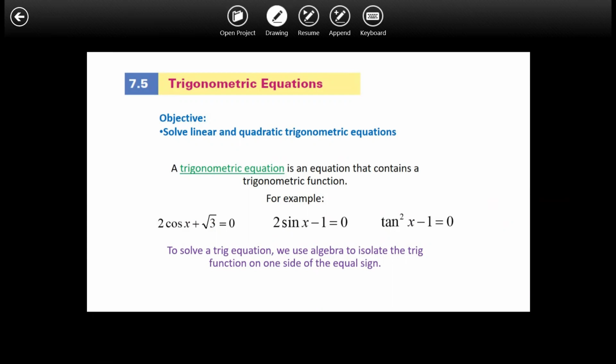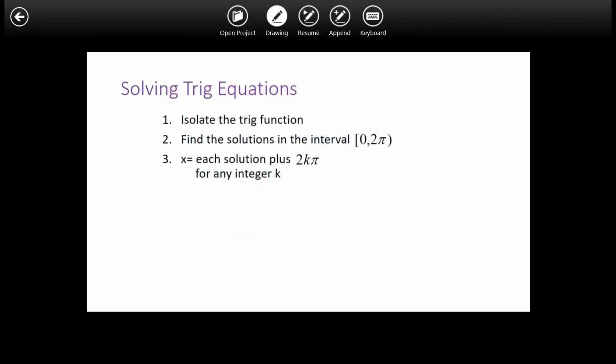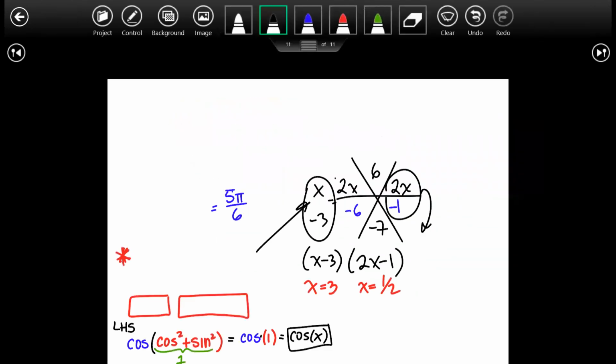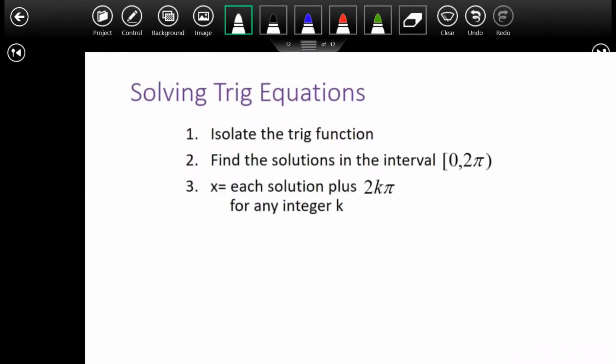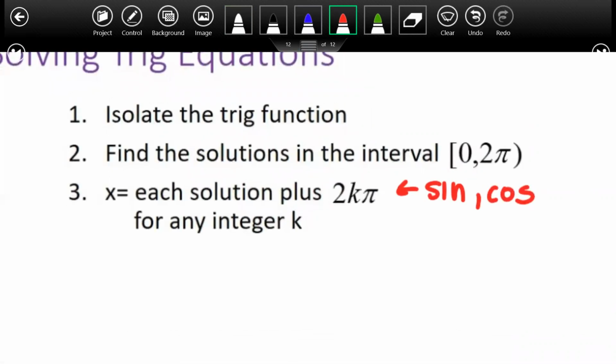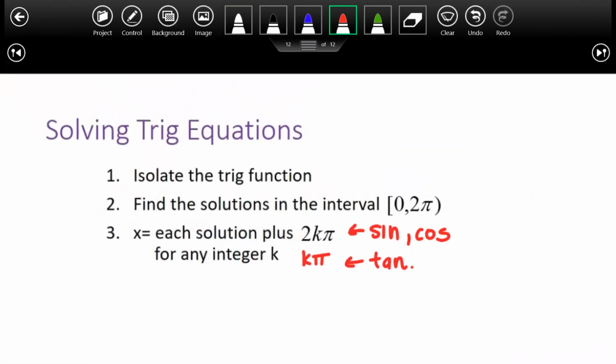So, okay, here we go. Do me a favor. Copy this down. And we're going to change up this bottom one. We shall make sense of this.